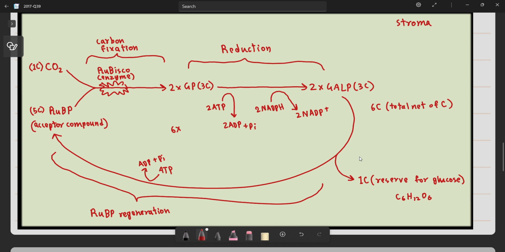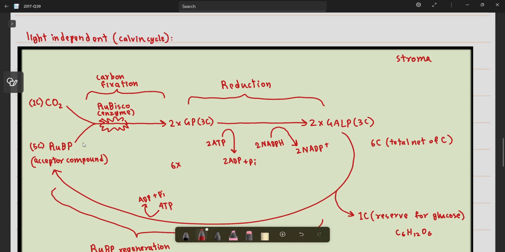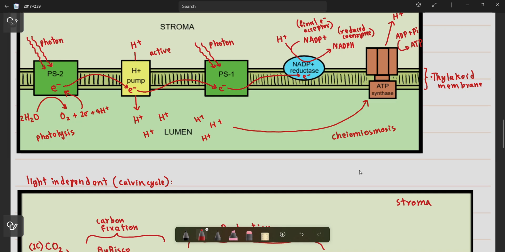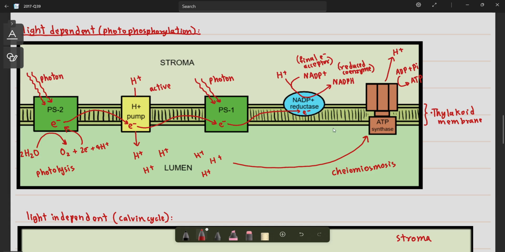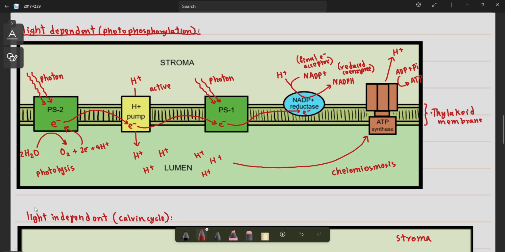Okay, so this is the entire process of the Calvin cycle, which occurs in the stroma of the chloroplast. The main idea of this diagram is how the light dependent reaction and light independent reaction are interconnected.